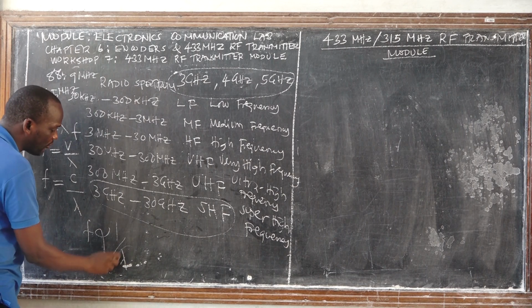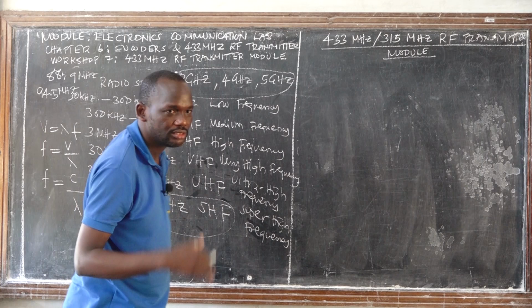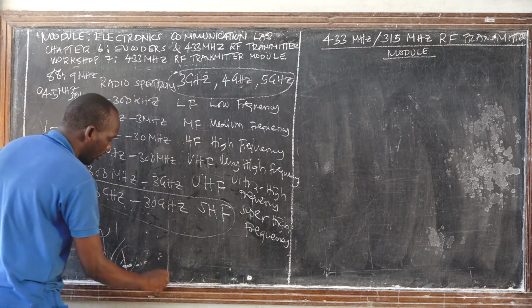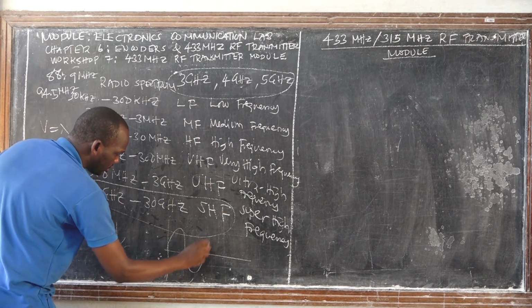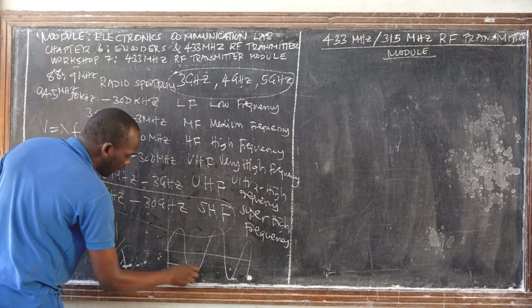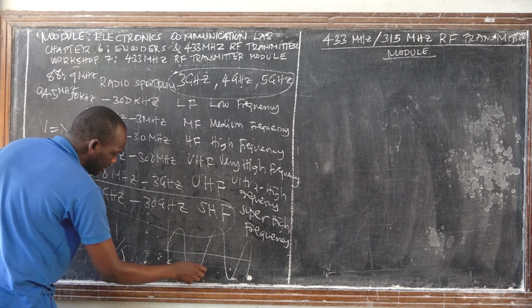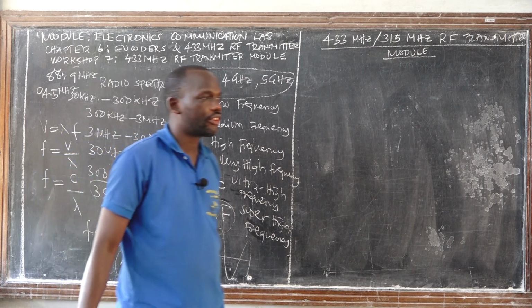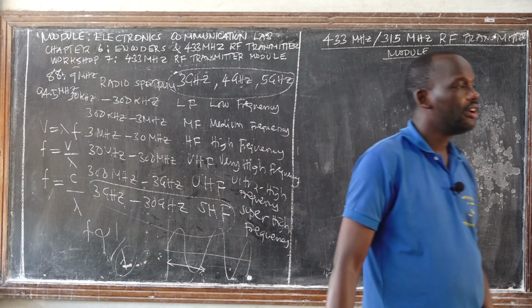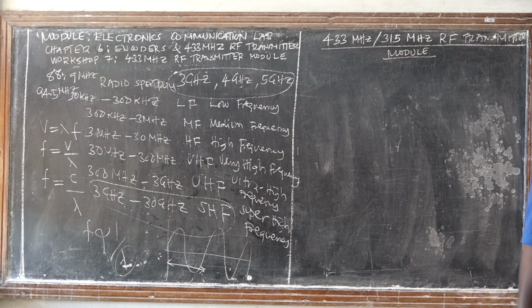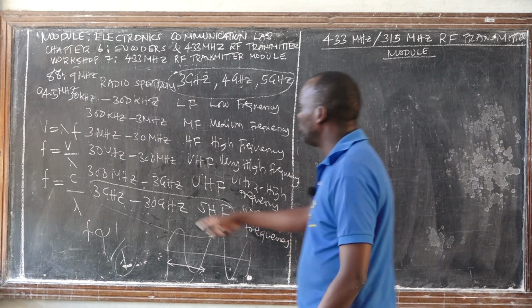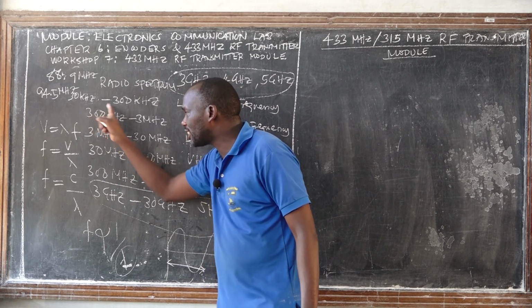So frequency is always inversely proportional to what? And when we talk about wavelength, this is the distance covered. Because we draw the waveform and then say that this is a complete cycle. What is the wavelength? Wavelength is the distance between two successive crests or troughs. So take a transmitter operating with a frequency of 30 kilohertz.